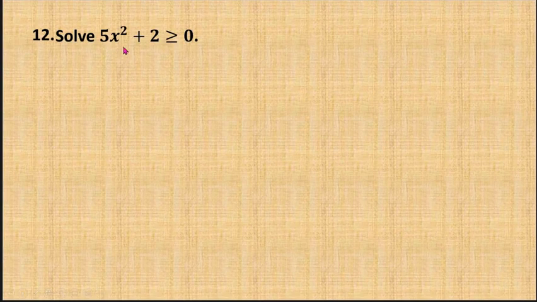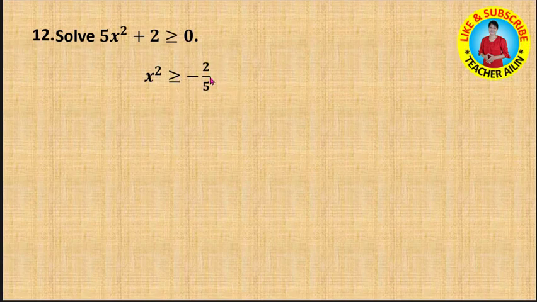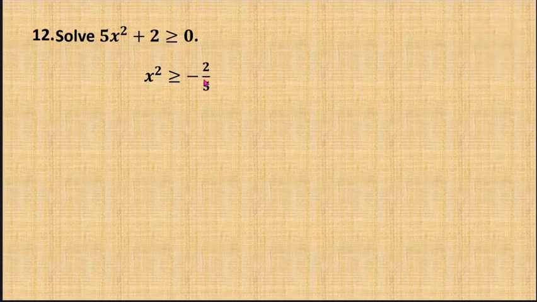Now let's move on to another example. For this question, when I rearrange the inequality, I found that x power 2 is greater than a negative value. But we know that x power 2 should be a positive value.